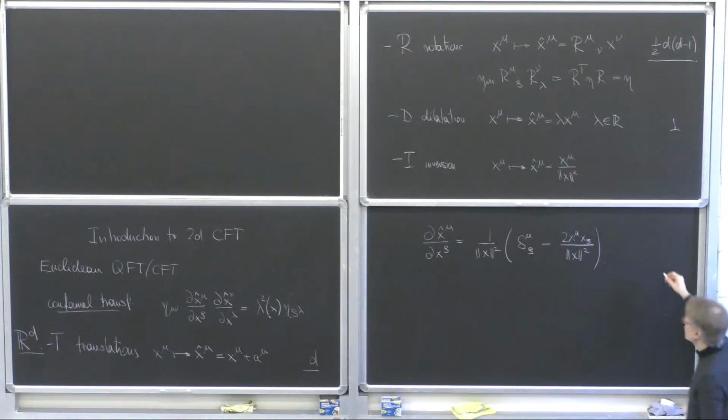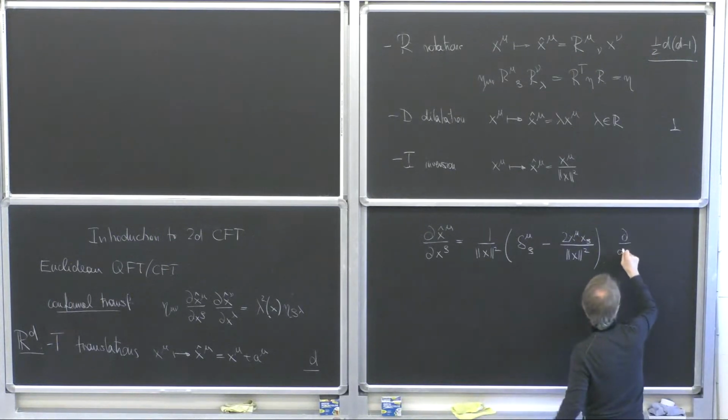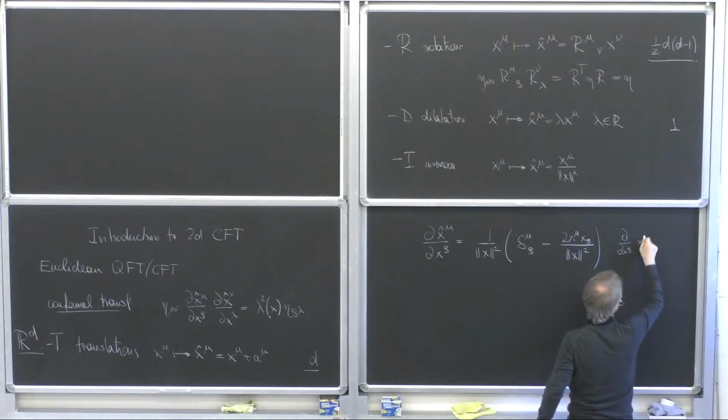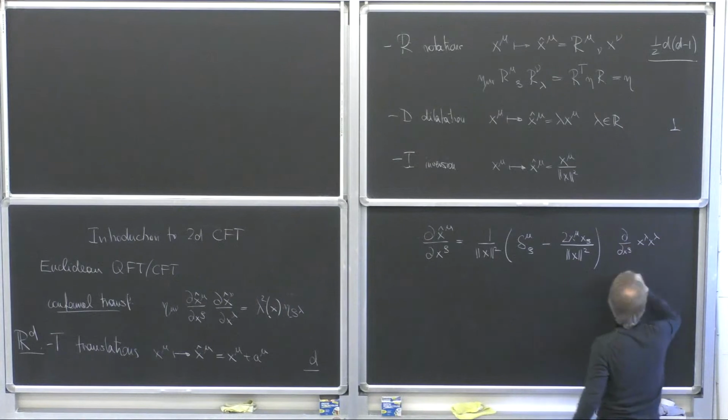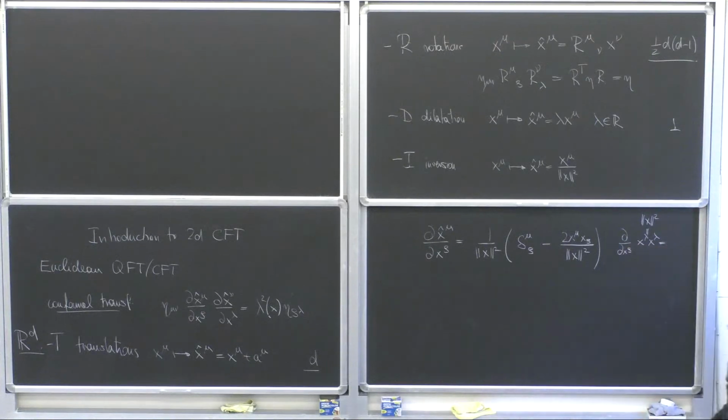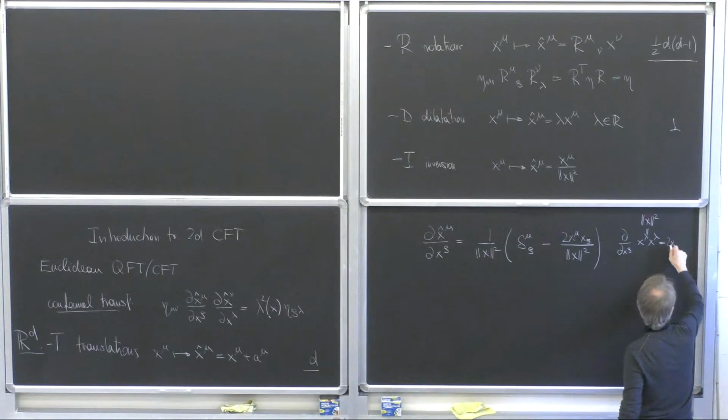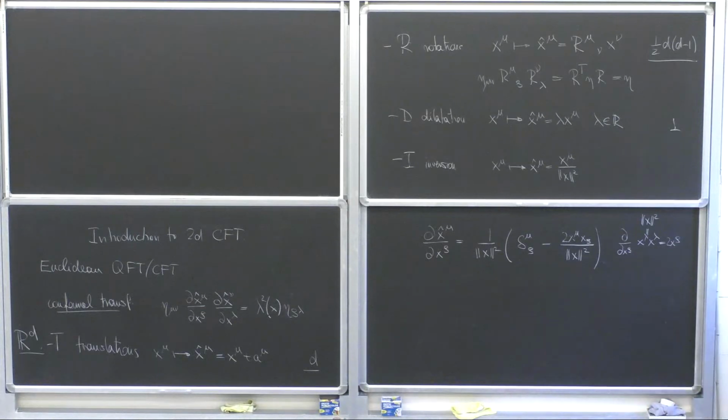Right? Because what's the inner derivative? If I take the inner derivative of x^λ x_λ, which is x squared, then because it's quadratic, this is just 2 times x_ρ.